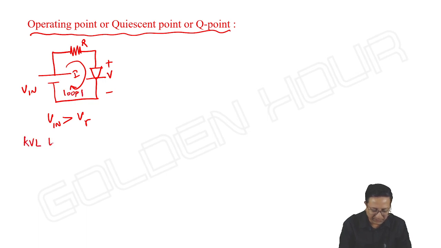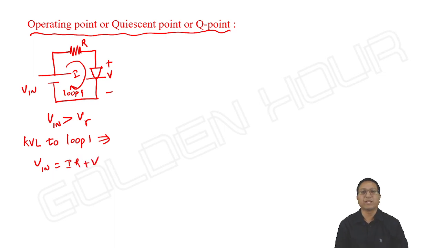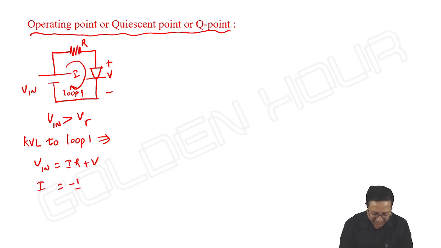So KVL to loop 1 implies V input is equal to I into R plus V. I can write further, I is equal to minus 1 by R into V plus V input by R.